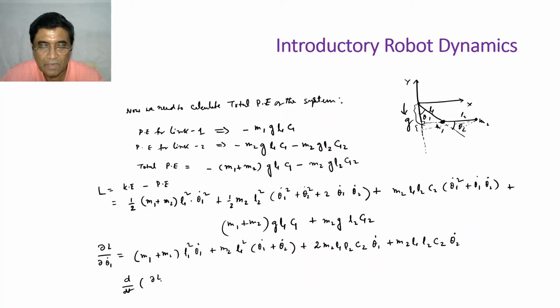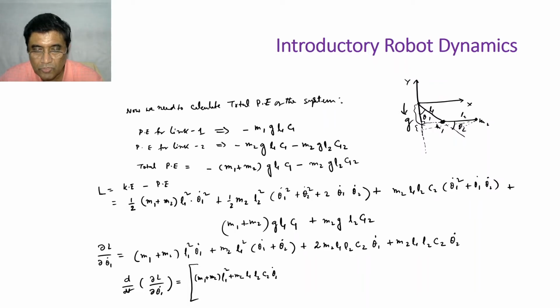So that's the formula. It equals m1 plus m2 L1 square plus m2 L2 square plus twice m2 L1 L2 cos theta 2, theta 1 double dot.